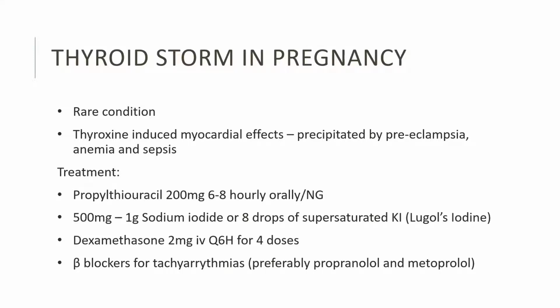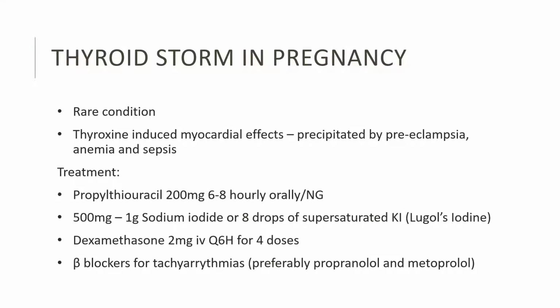Usually you don't come across such patients because they have such a high mortality that they either never come into medical attention, or if they do, then very high suspicion is required to pick them up. So thyroxine-induced myocardial effects actually happen, and this is often precipitated by the presence of preeclampsia, anemia, and sepsis.